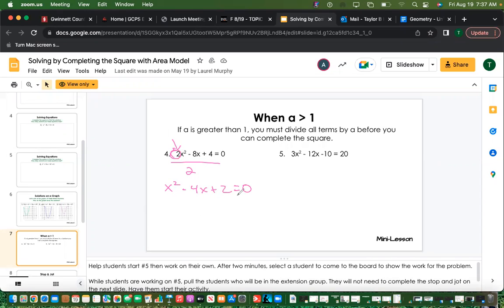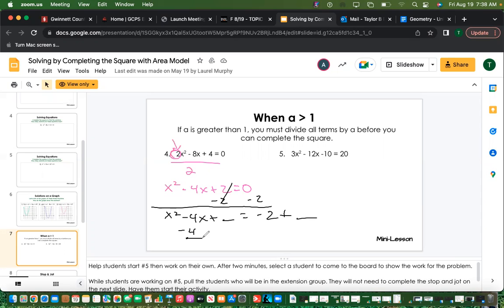Okay, so what's the next step I'm going to do here? Move C to the other side. And so this is going to give me x squared minus 4x equals -2. Then what am I going to do?